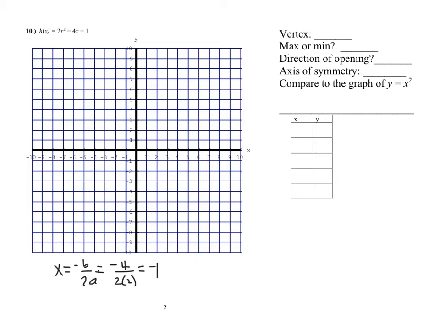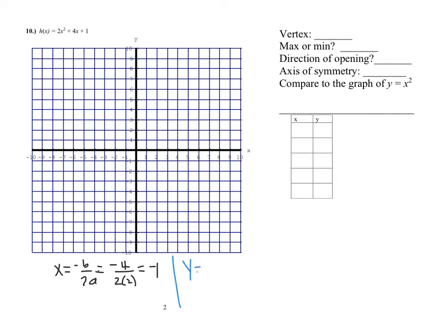So that means I get negative 1. Once I get negative 1, how do I proceed from this point? I just need to plug it into the equation to get y.